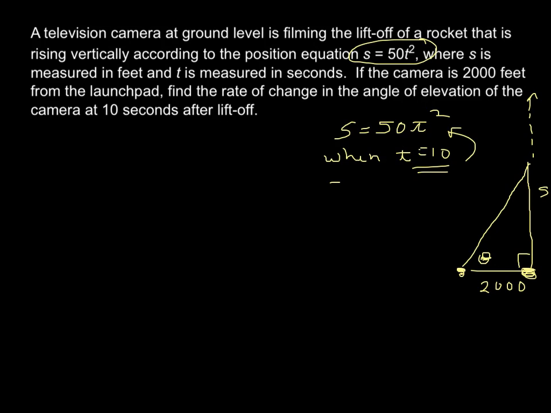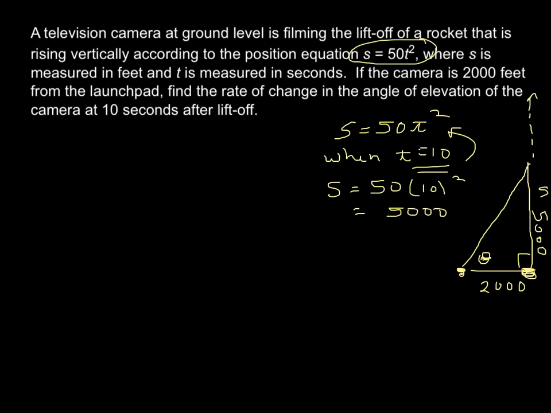So s equals 50 times 10 squared, so s equals 5,000. That's how high the rocket ship is at the particular moment in time that we're trying to calculate all of this.